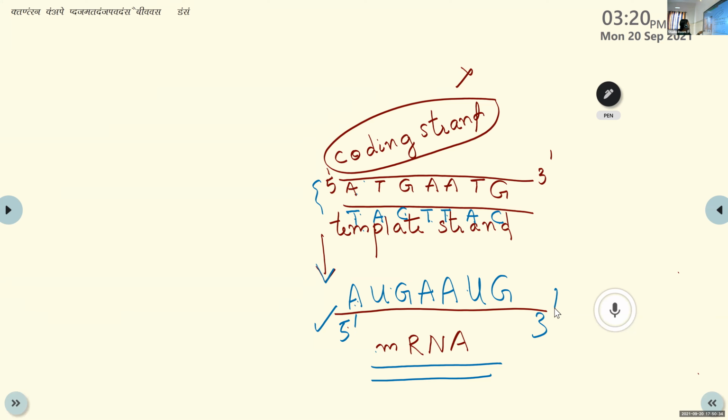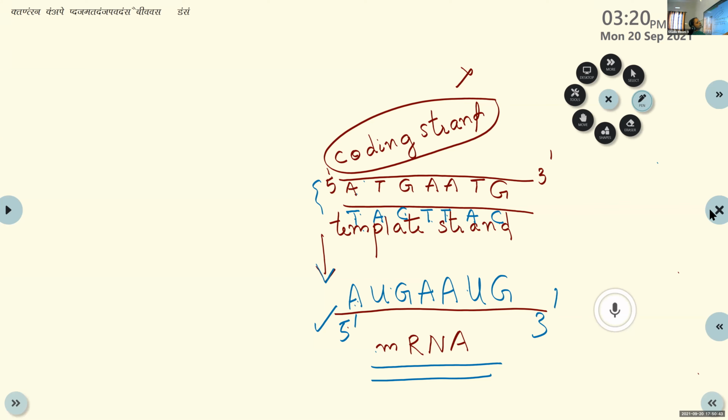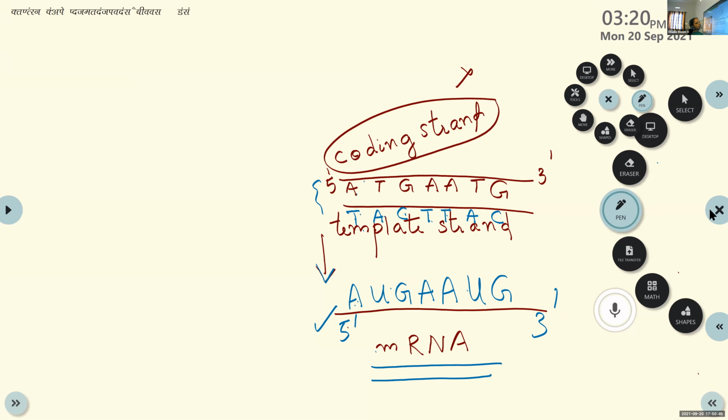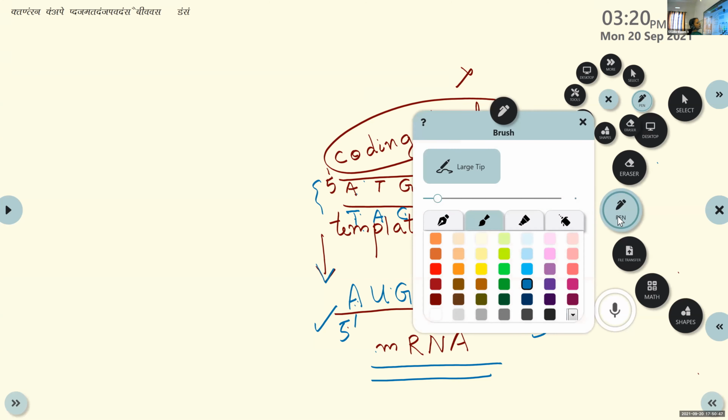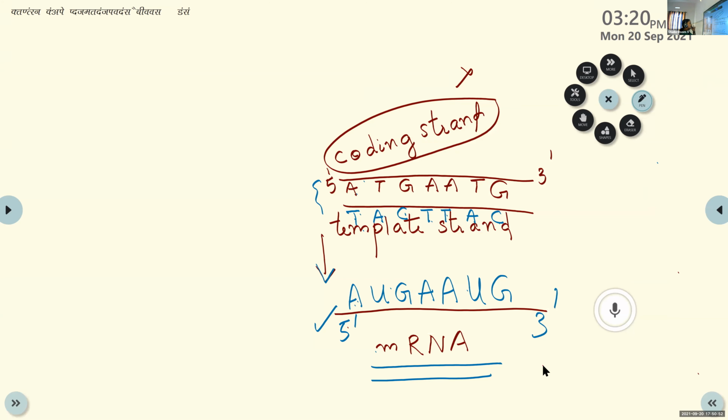Or another easy method. In order to reduce the double work, what you can do is, let me take pink color. Now see, what is given? Coding strand, and this will be same.